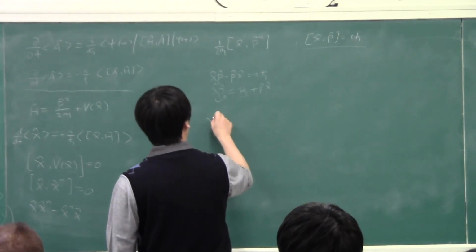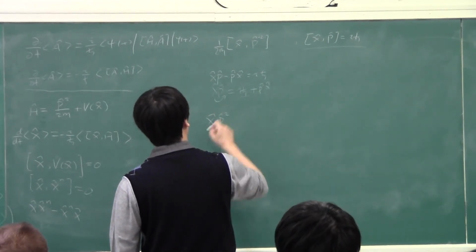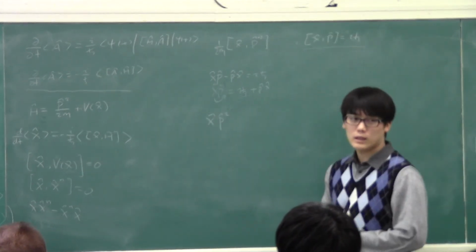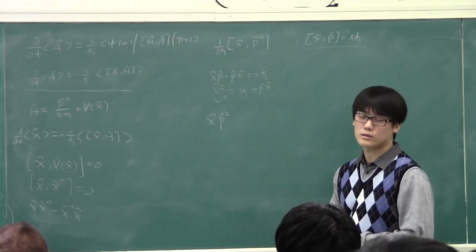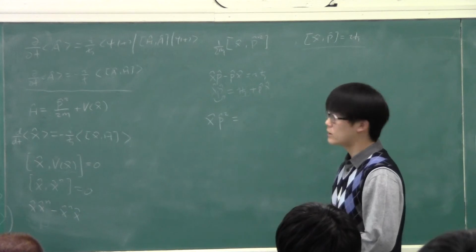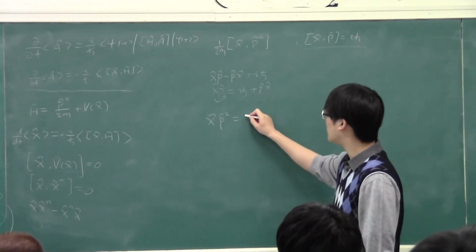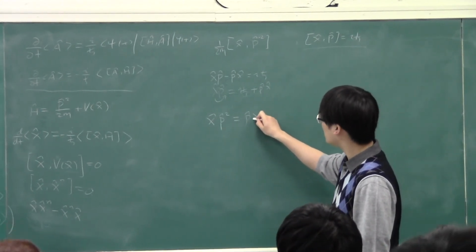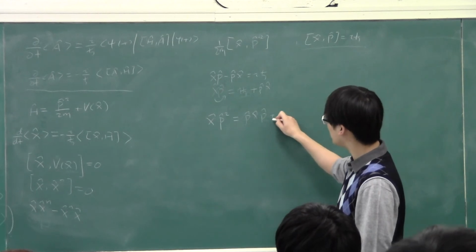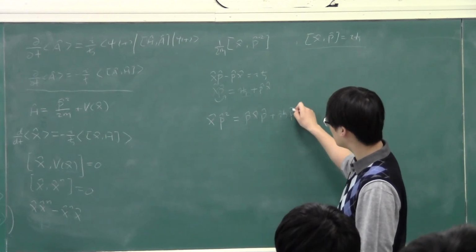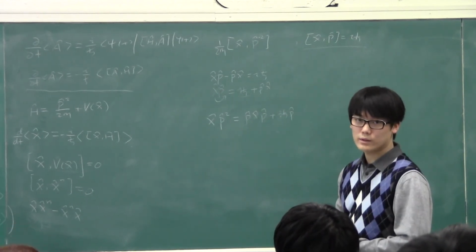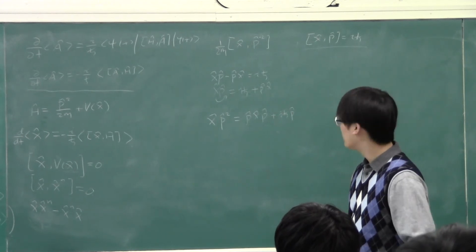So now, if I wanted to take x across p squared, I just take it across once. I write down p x p plus i h bar p. Is everybody okay with this? Okay.